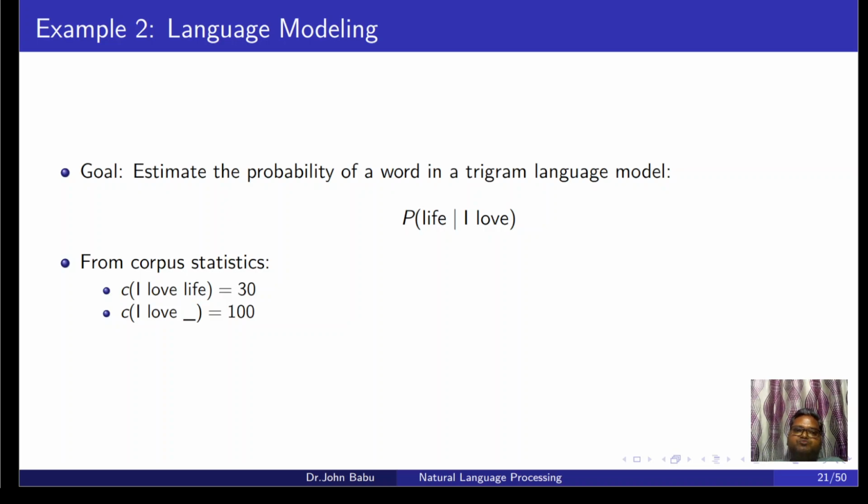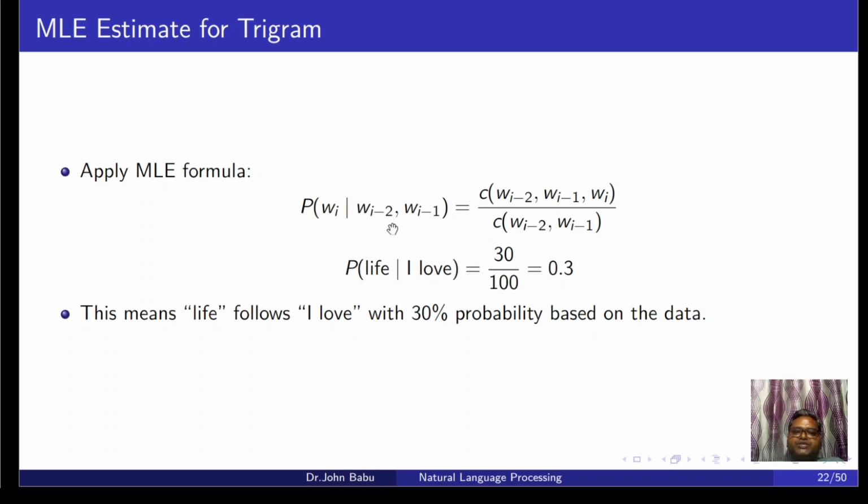For example, in language modeling, suppose I have "I love", that is a bigram, 2 words, and the count, the frequency, is 100. And the count of "I love life" is 30. Then the likelihood of the occurrence of "life" given already "I love" is 30 out of 100, calculated from the count of the trigram by the count of the bigram.